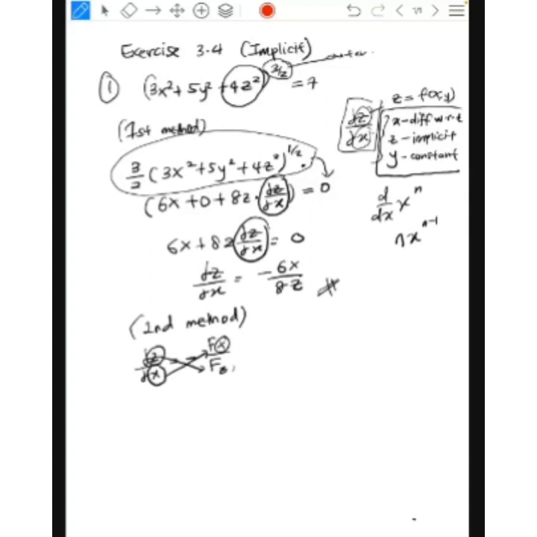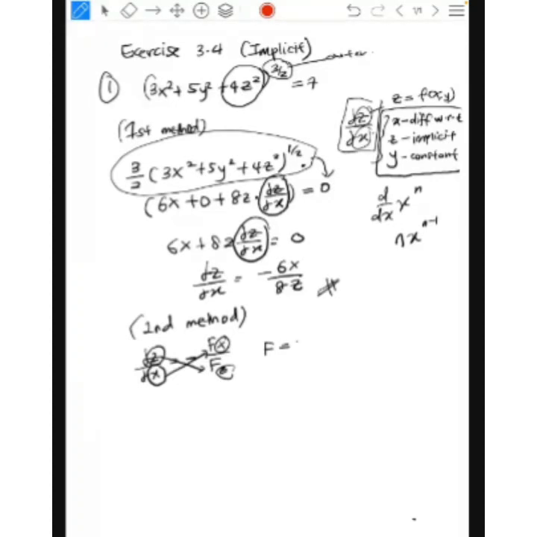Okay, so before you differentiate f with respect to x and f with respect to z, you have to find f. What is f? f is your function in which you make your function equal to 0. To make f here is easy, just bring the 7 to the left hand side.